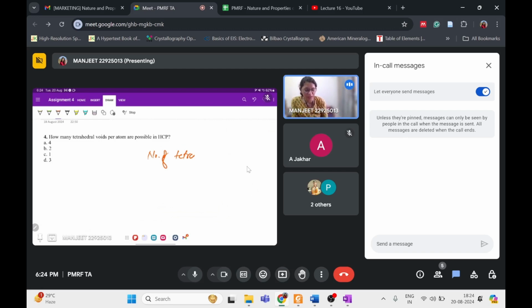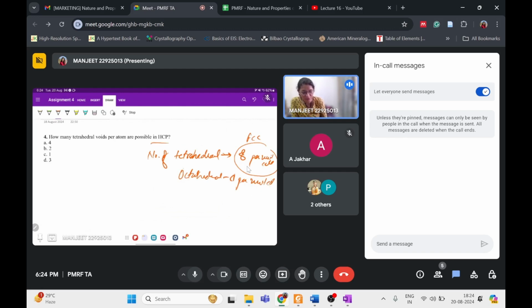For the tetrahedral, I'm just repeating it, it will be 8 per unit cell. This is for the FCC one, and for the octahedral, it will be 4 per unit cell.